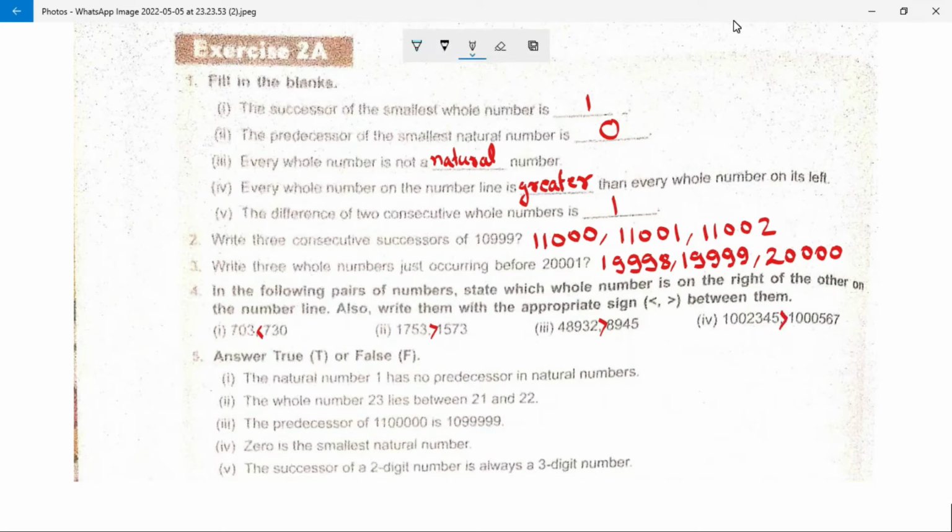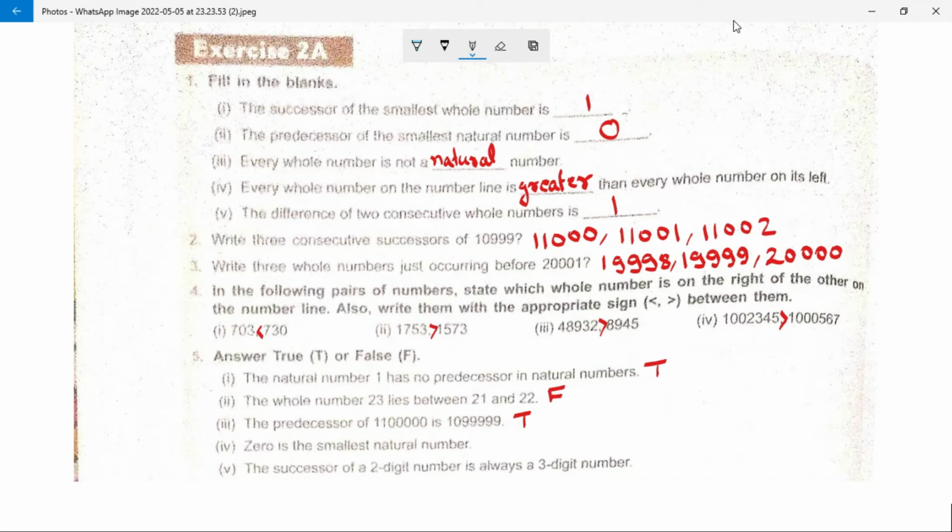Question number 5, true or false. The natural number 1 has no predecessor in natural numbers. Yes, it is true. Next, the whole number 23 lies between 21 and 22. It is false. The predecessor of this one is, let us see, yes, it is also true. 0 is the smallest natural number.